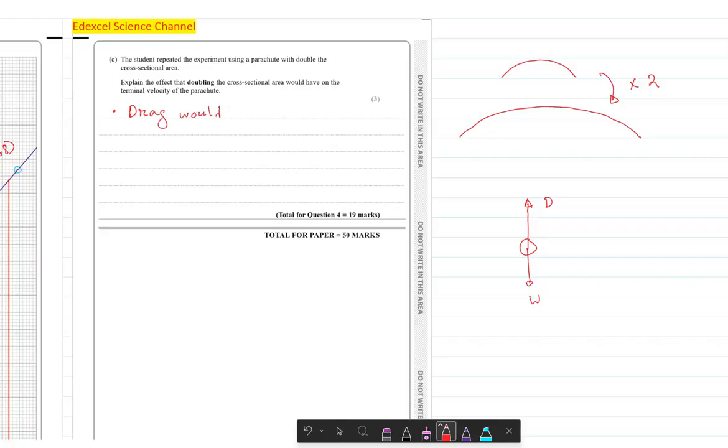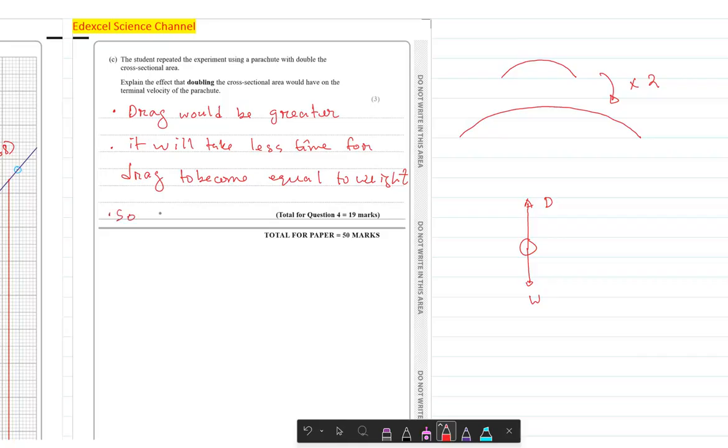Drag would be greater and therefore it will take less time for drag to become equal to weight. So velocity will be lower.